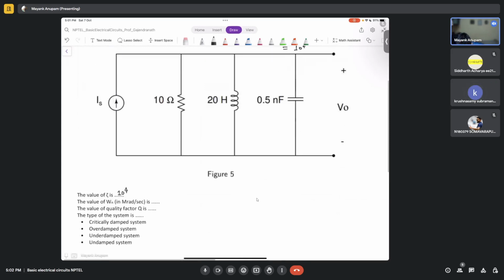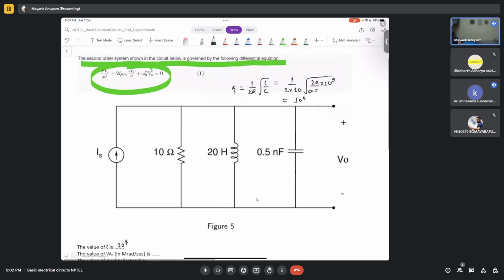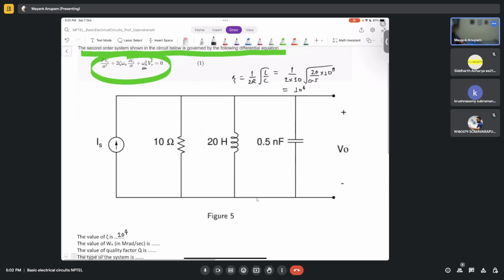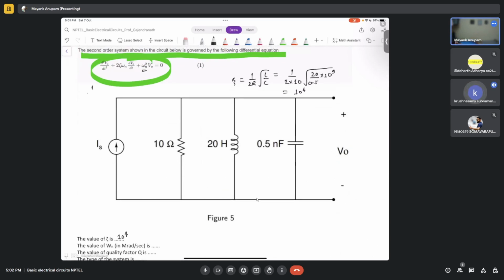Value of omega n in mega radian per second. What is that? It is 1 over root LC, which is equal to 1 over root of 20 into 0.5 into 10 to the power minus 9.